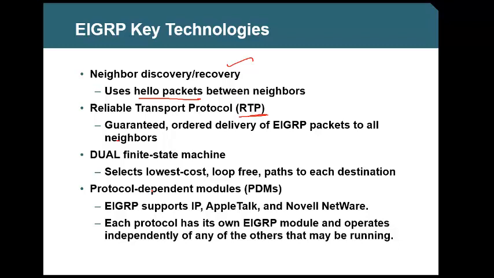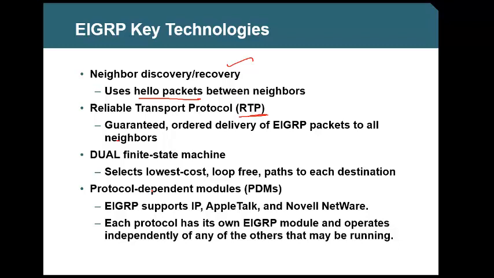Next is, as I said earlier, it is the responsibility of the DUAL algorithm to select the low-cost path, which is called the best path, and install the best path into the routing table for each destination. And this path also needs to be a loop-free path. Who takes responsibility? It's the DUAL algorithm.